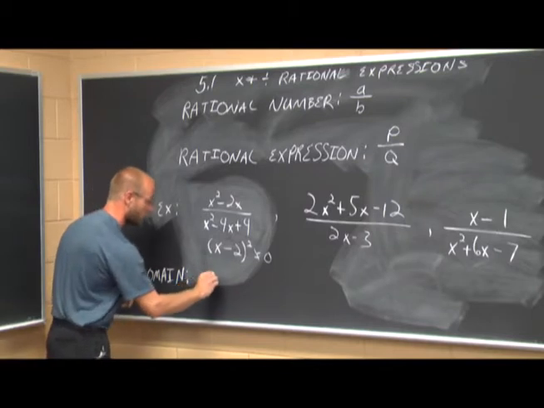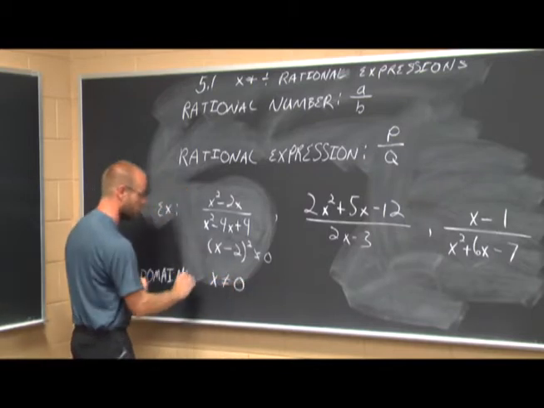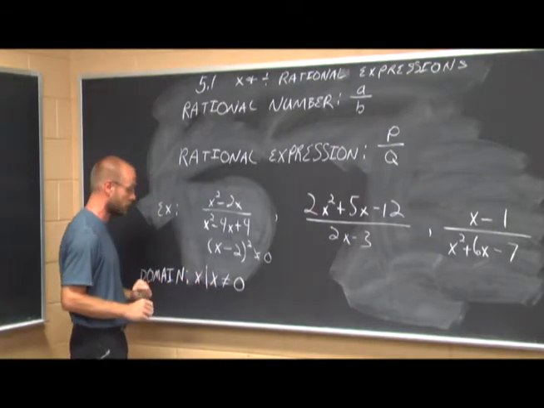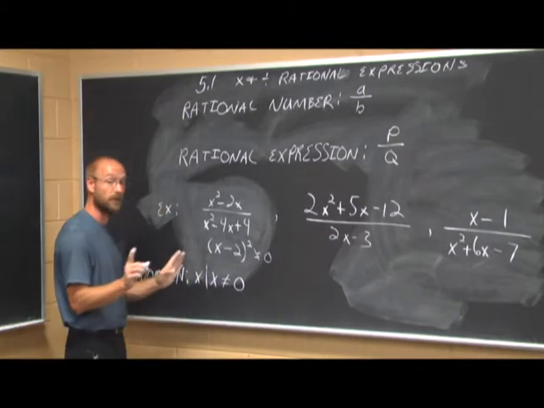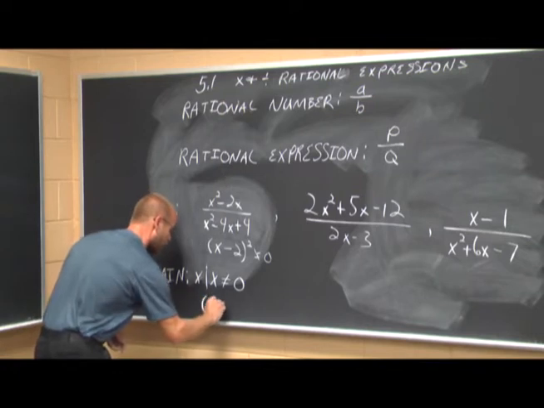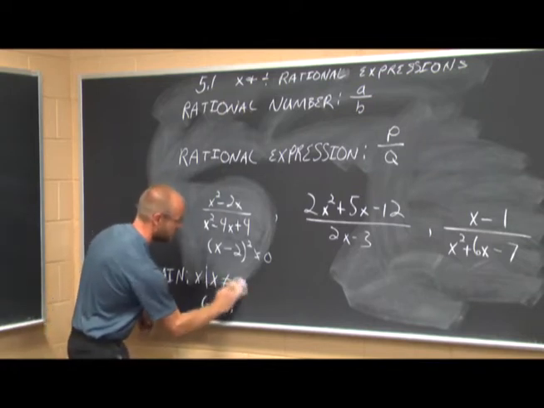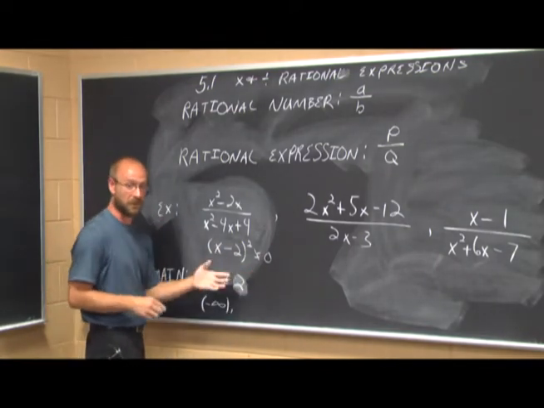So for domain, you can write it as x not equal to 0, or in proper notation, x such that x is not equal to 0. Or you can use interval notation. This is set notation. We'd have from -infinity. Oh, I'm sorry. This should be 2, because 2 minus 2 is 0, right?